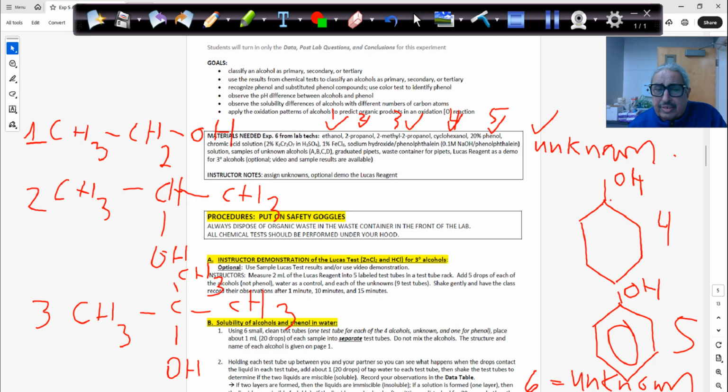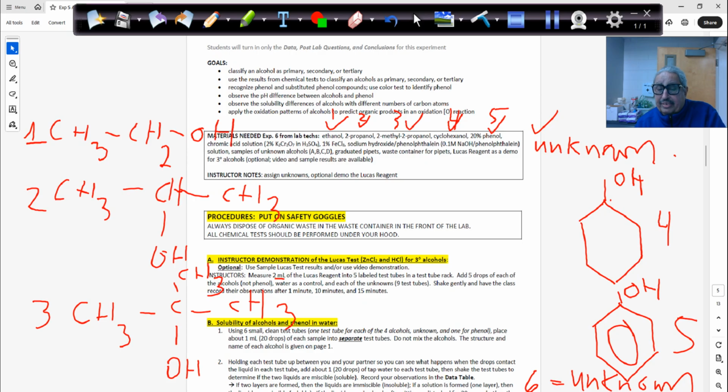Instructor demonstration, Lucas, okay? Sample Lucas test result and see videos, demonstration. Measure 2 mL of reagent. 2 mL means what? 1 mL is 20 drops. 2 mL is 40 drops. So this, guys, is 40 drops.